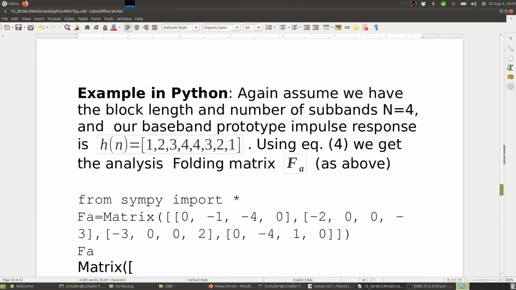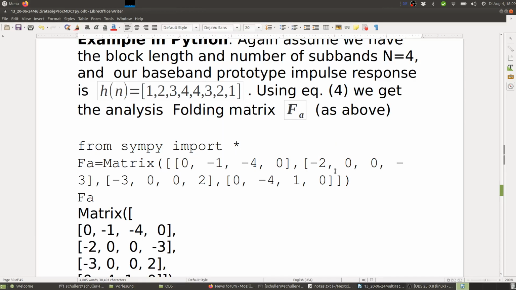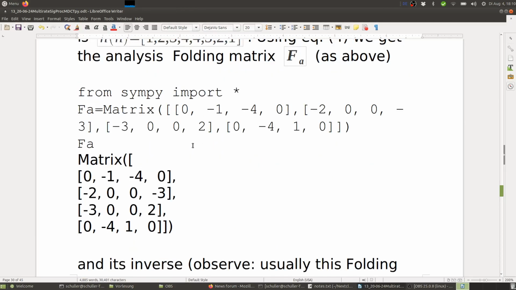So here's an example in Python. Again, assume we have the block length and number of subbands as N equals 4, and our baseband prototype impulse response is h of n 1, 2, 3, 4, 4, 3, 2, 1, some fantasy prototype function. Using equation 4, we get the analysis folding matrix Fa as above. So here we can see it.